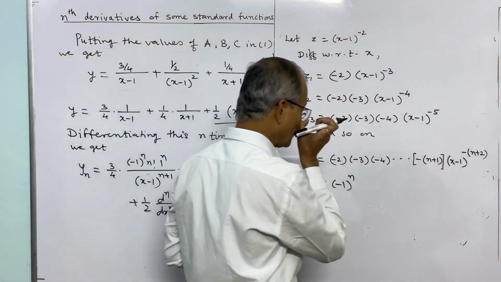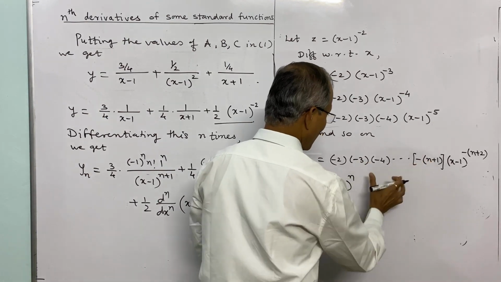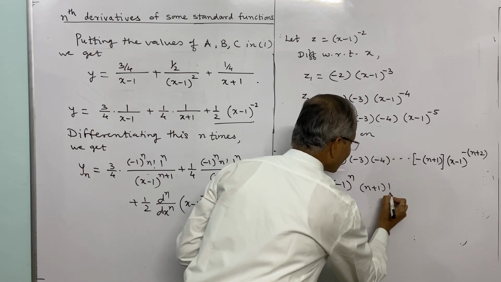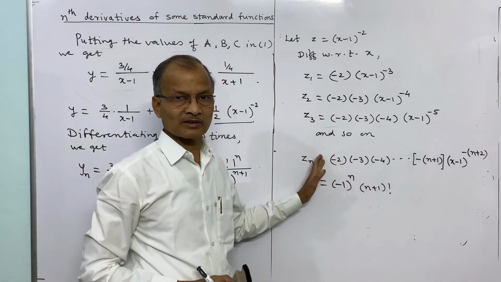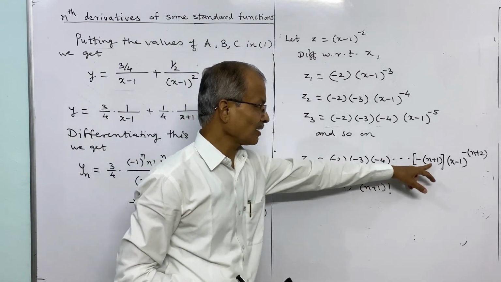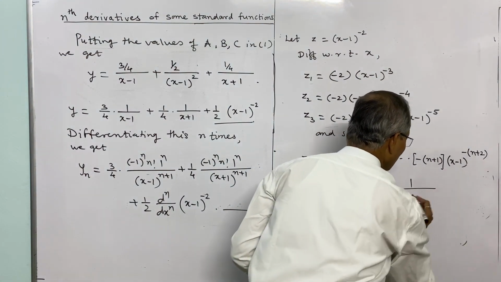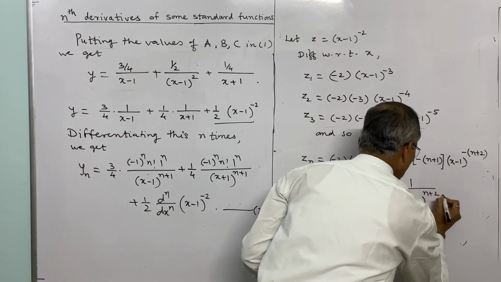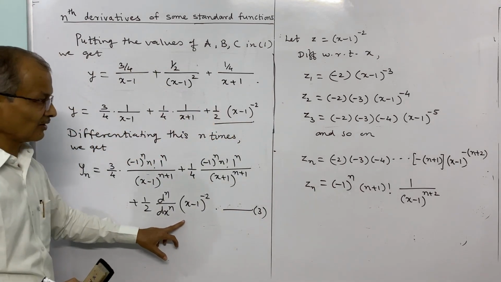And the product 1, 2, 3, 4, etc. will be n plus 1 factorial. Multiplication by 1 doesn't change the value, so it is 1, 2, 3, etc. up to n plus 1. And the remaining term we can write in the denominator, that is (x minus 1) to the power n plus 2. So this is what zn is, the nth derivative of this.